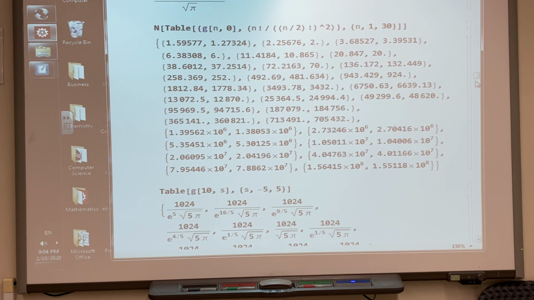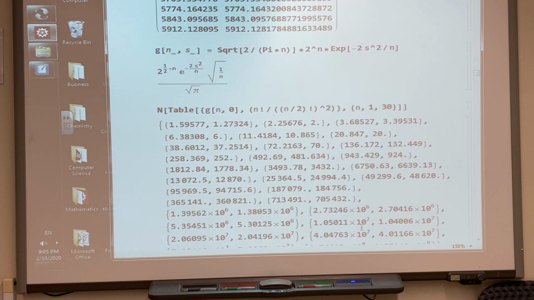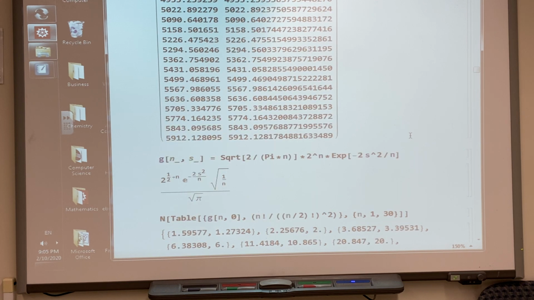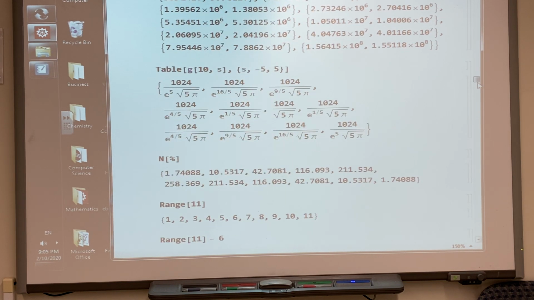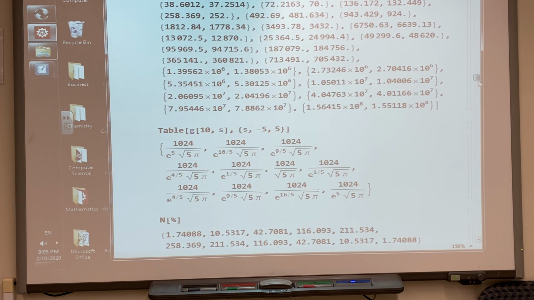But here underneath, I did the actual distribution. In the first case, I did it for when n is 10. So you see I got a g of n, s for 10 particles, and of course s goes from minus n over 2 to n over 2. I wrote it explicitly.